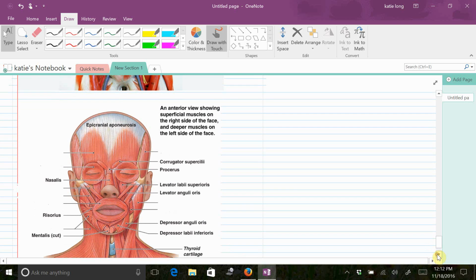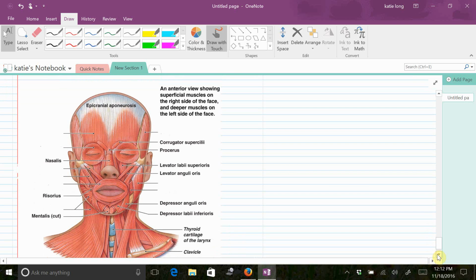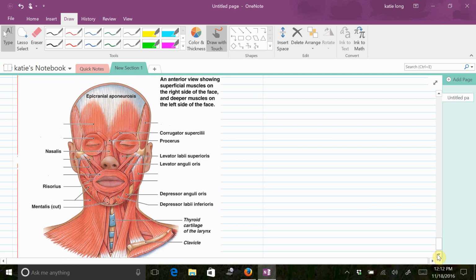We're of course looking at the face, right? Anterior view. So if we go ahead and just start superiorly and head inferiorly, we have our frontalis muscles.